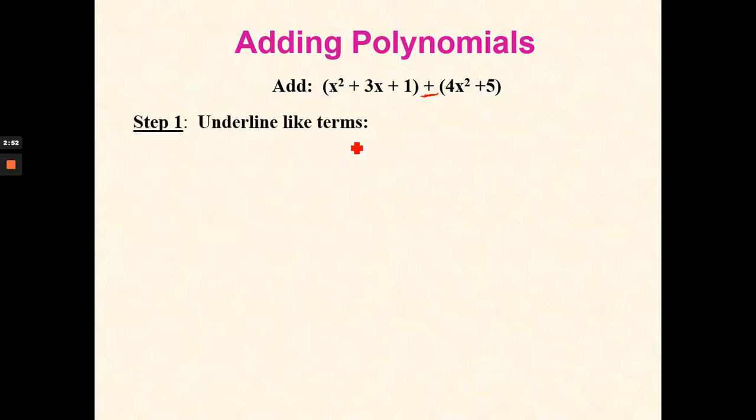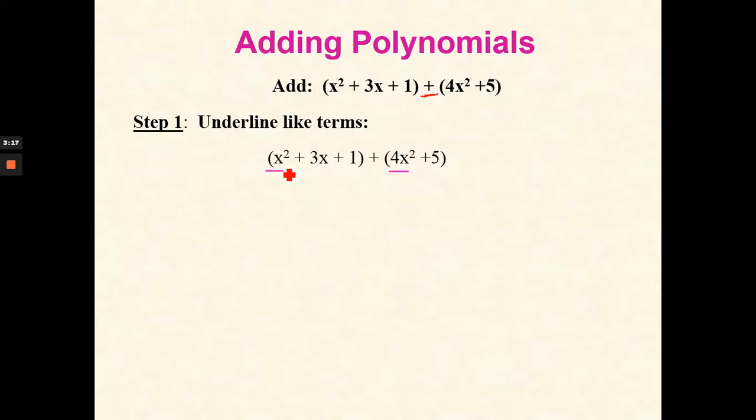Here is the first one. In adding polynomials, always remember that you can only add or subtract like terms. So how are we going to identify like terms if it is written in the horizontal way? You may underline like terms.